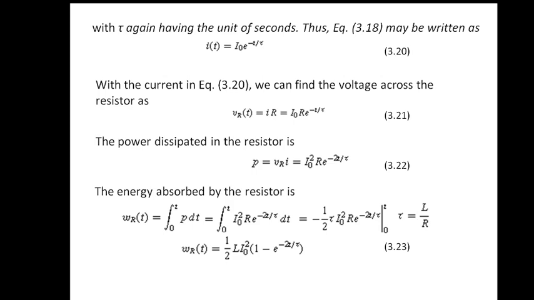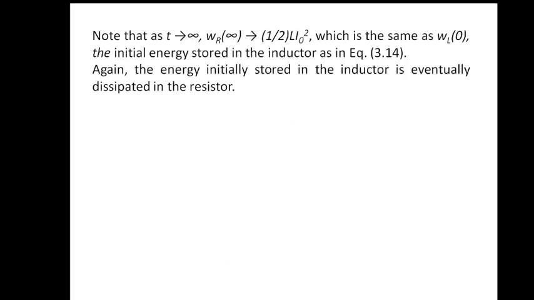If the time approaches infinity, the energy absorbed by the resistor is half L i naught square. That we already know from the beginning. As time t tends to infinity, WR of infinity approaches half L i naught square.